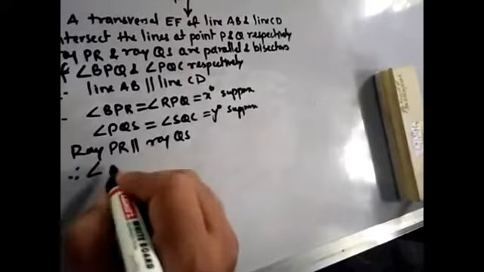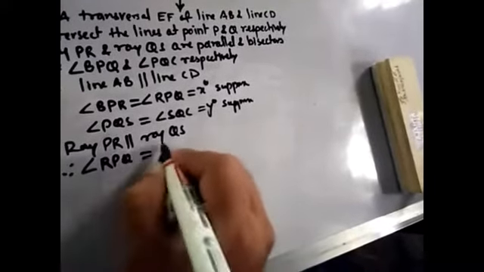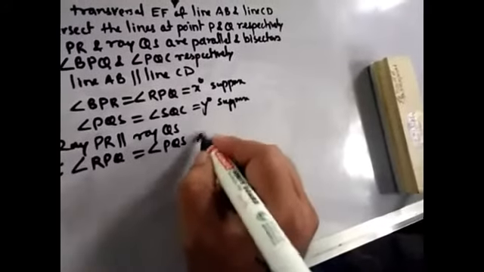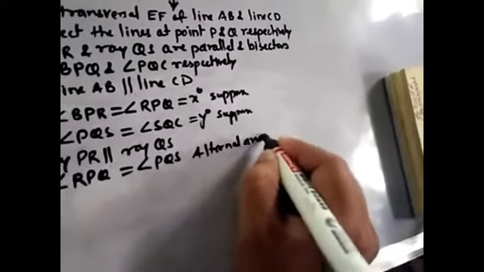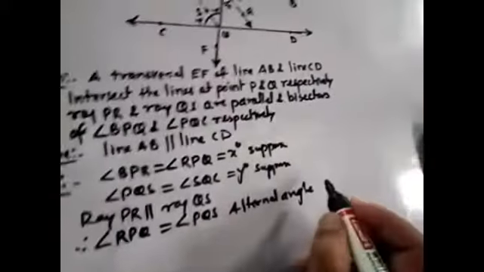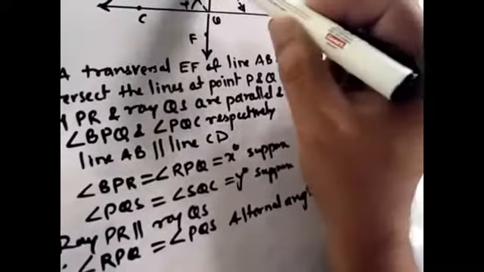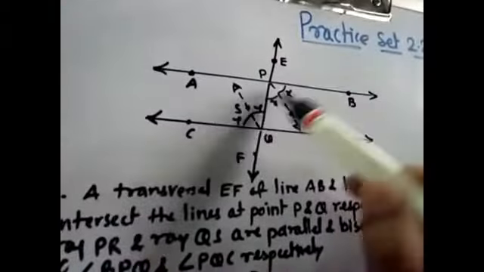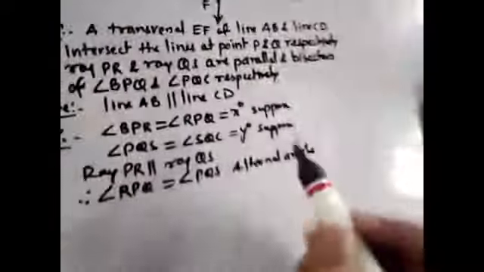Therefore, angle RPQ is equal to angle PQS, that is alternate angles. We know alternate angles RPQ and PQS. Where is RPQ? This angle, and PQS, these two angles are alternate angles.